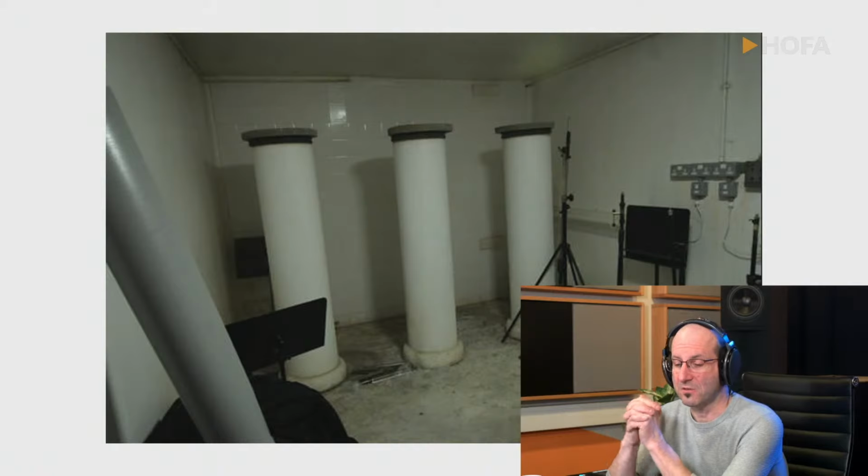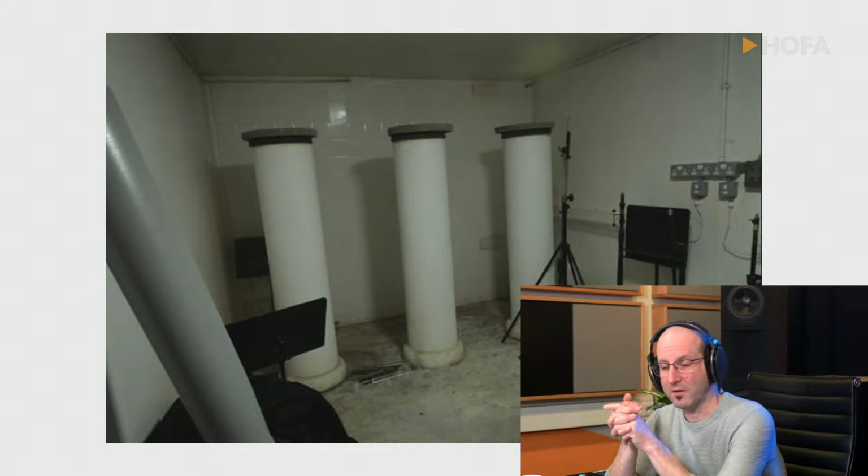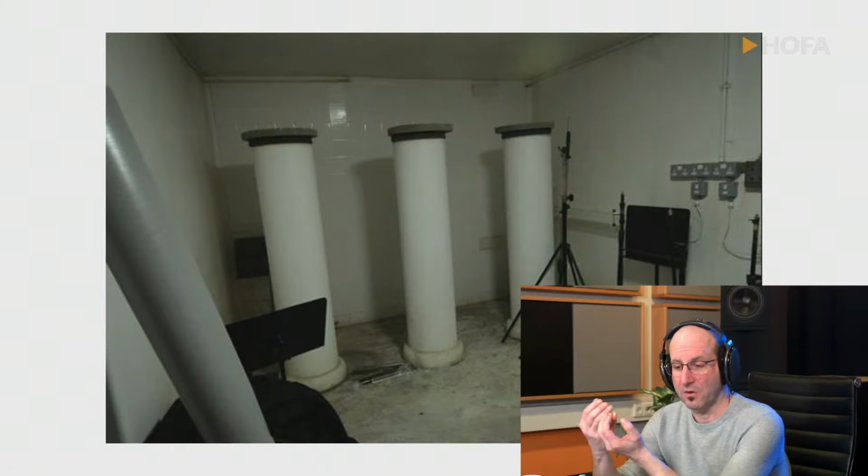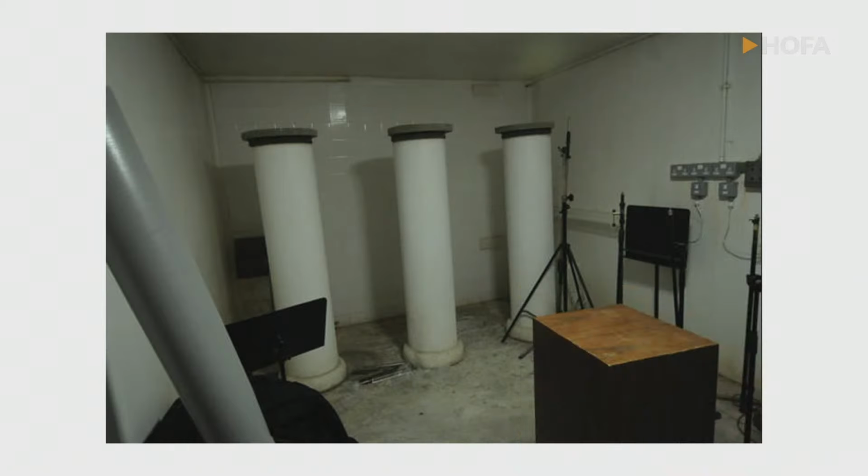So this is a reverb room in a studio, and what you can see is that there are a lot of reflecting surfaces and things that make for more reflections and make for a very lively room in that case, because it's not only the size of a room that defines the reverb, but the surfaces and the form and what is in the room is also, of course, very, very important.